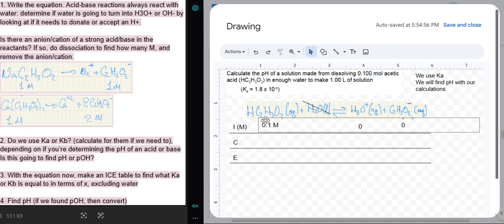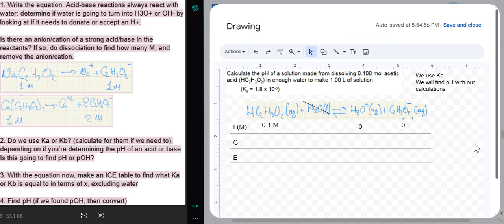And to know if we put a positive x or negative x, we see if it's a forward direction or a reverse direction. So is it a forward or a reverse direction? We know it's a forward direction because we have an amount of this, but we have none of this.